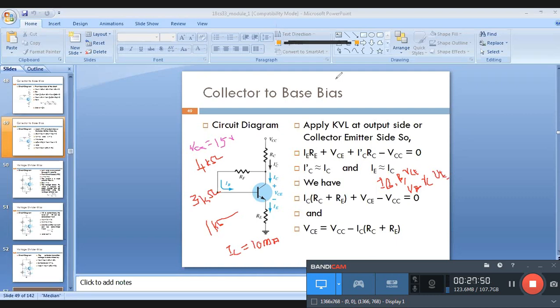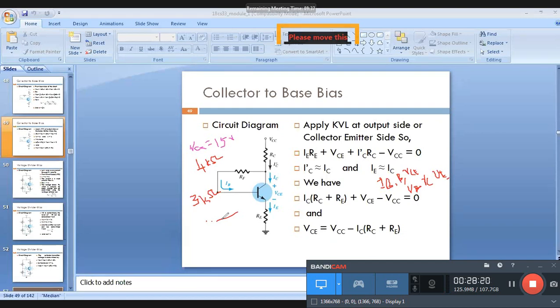Okay, one second, I will repeat. For the circuit shown in the figure, VCC is equal to 15 volts, RB is equal to 3 kilo ohms, RC is equal to 4 kilo ohms, RE is equal to 1 kilo ohm, and IC is equal to 10 microamps.